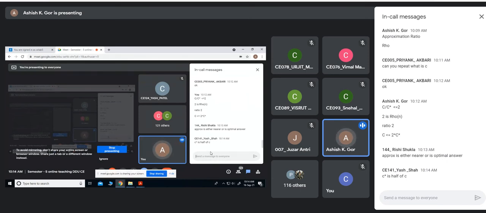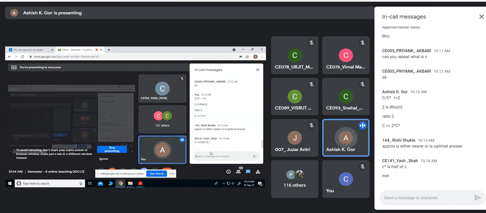Okay, which type of problem do you think I am talking about here? Minimization or maximization? If I am taking the ratio as C upon C star, remember I have 2 types of ratio. Sometimes I will take C upon C star. Answer is correct, Yash. Why minimization? Very correct.